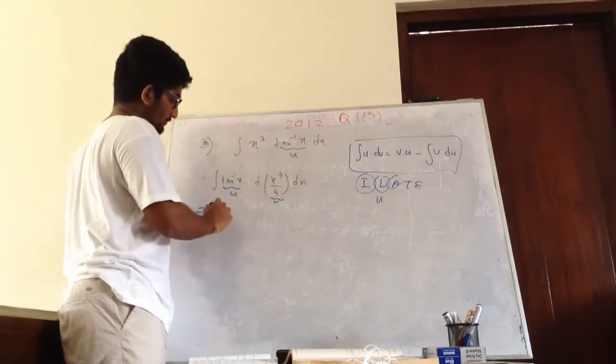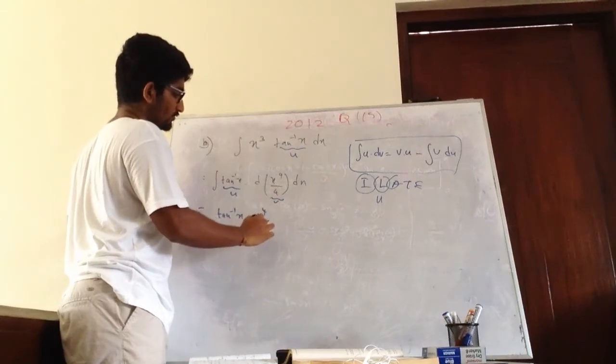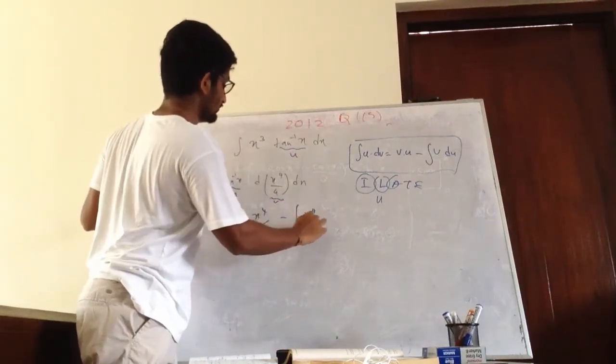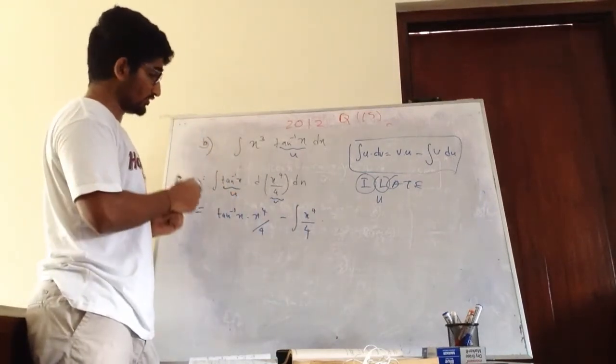So what is u? This is uv, yeah? So that means tan inverse x times x⁴ over 4, minus the integral of v, which is x⁴ over 4, times the differentiation of u. What is the differentiation of tan inverse x?